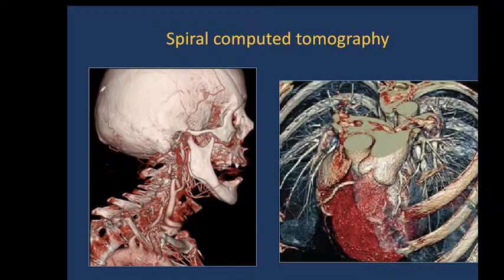Here is another advantage of the computer tomography, which uses many scans together and combines them and makes them visible like a three-dimensional object. Sometimes it is also combined with injection of blood vessels.